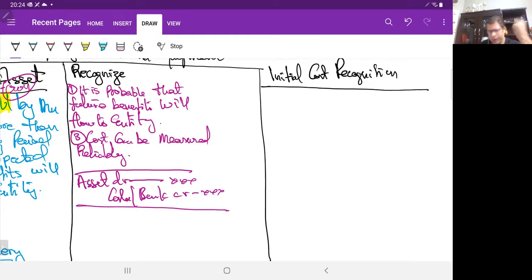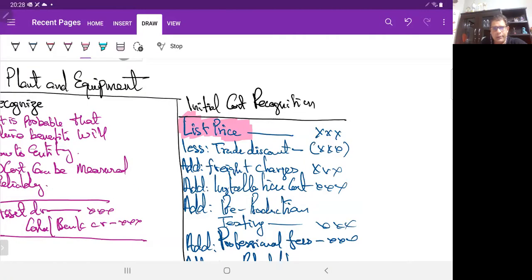What is list price? List price is the price excluding discounts, and then we will deduct the trade discount. Firstly, we will consider the total list price. List price is the asset cost excluding any discounts.